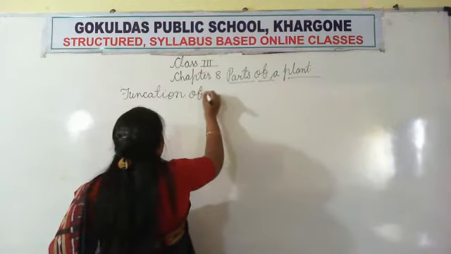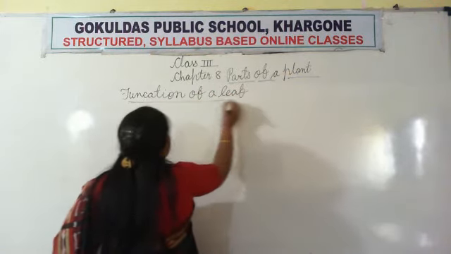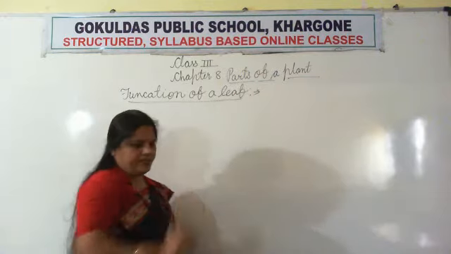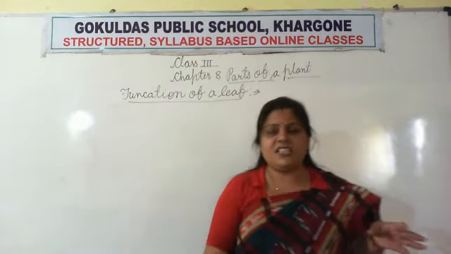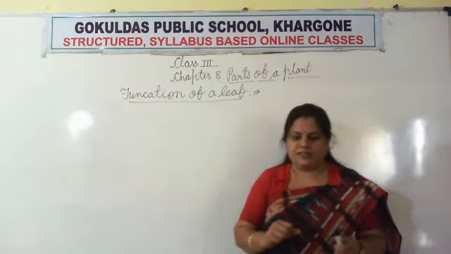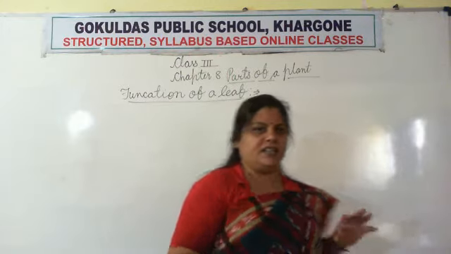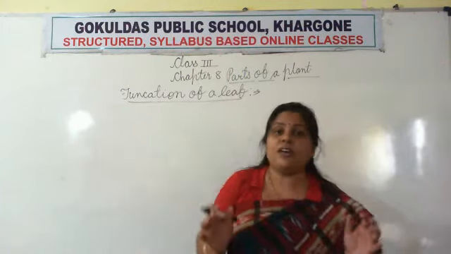What is the function of leaves? Right. So actually the main function of the leaf is to make the food for the plant. The main work of the leaf is to make the food for the plant.